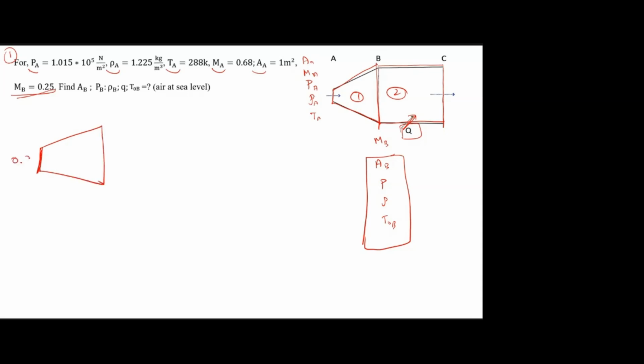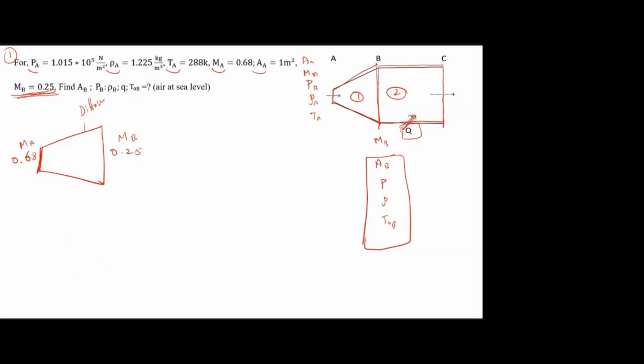Here I have Mach number 0.68, and in subsonic flow, if you keep a divergent duct, it will act as a diffuser, right? Because all commercial subsonic aircraft use a convergent nozzle to accelerate the flow. If you keep a divergent duct in subsonic flow, definitely it will be decelerated. That's why from 0.68 to 0.25 it is decelerated. Is that clear? Yes. Okay.